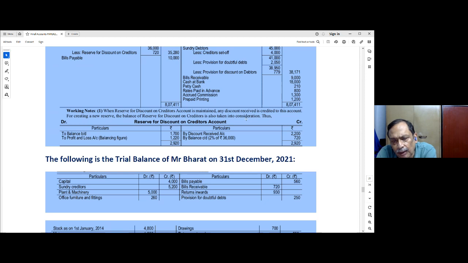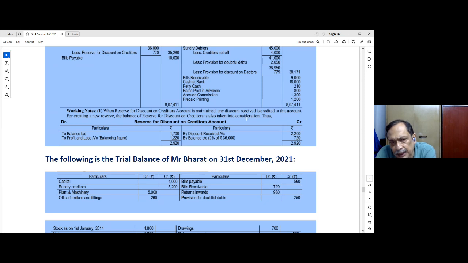Now we are coming to working notes. Number 1, when reserve for discount on creditors account is maintained, any discount received is credited to this account. For creating a new reserve, the balance of reserve for discount on creditors is also taken into consideration. And reserve for discount on creditors account is shown.